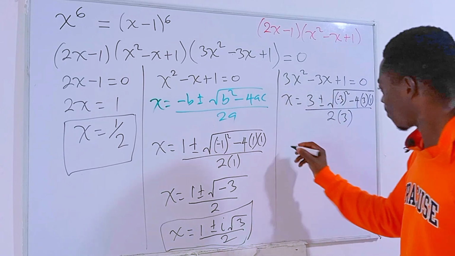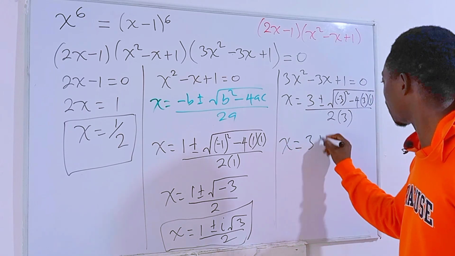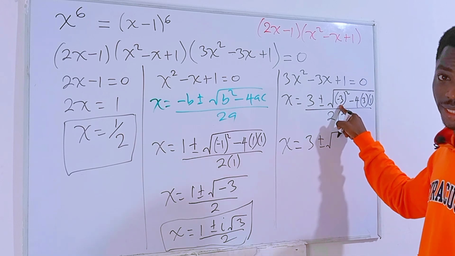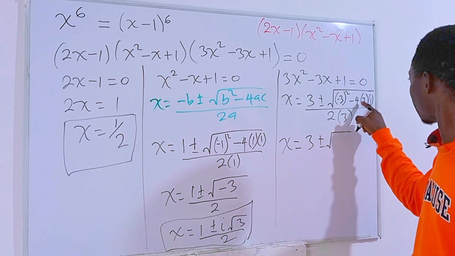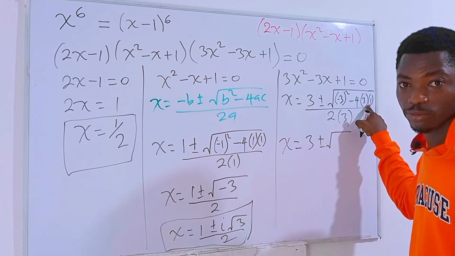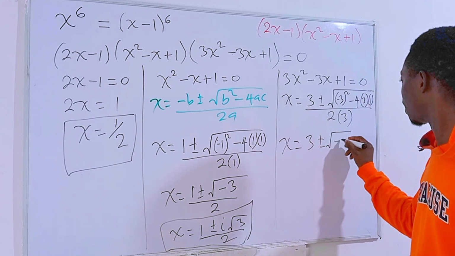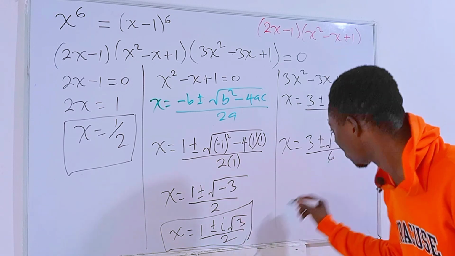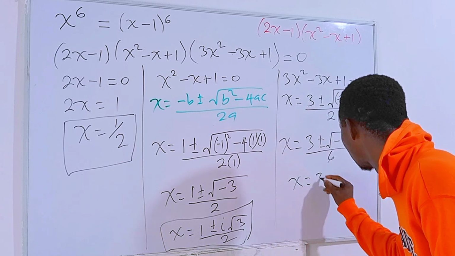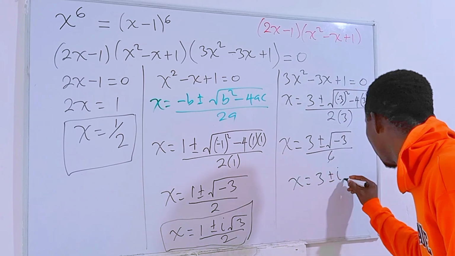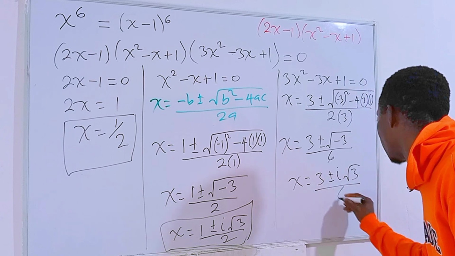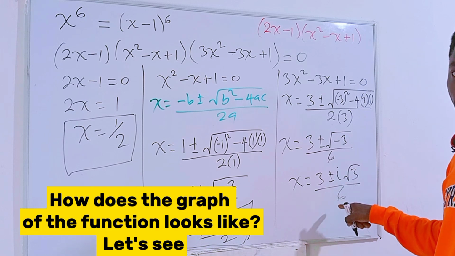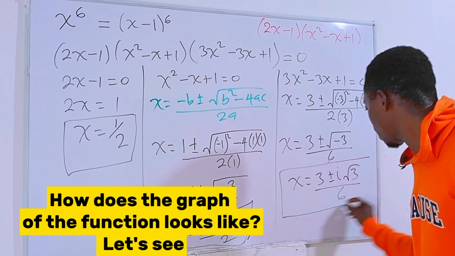Easy. So we have x is equal to 3 plus or minus square root of negative 3 squared, that is positive 9, negative 4 times 3 times 1, that is negative 12, plus the 9 making negative 3, all divided by 6. Simplifying this, we have x is equal to 3 plus or minus i square root of 3 divided by 6. Actually, you can split this so that you get 1/2 plus this over 6. But you can choose to leave it just like that.